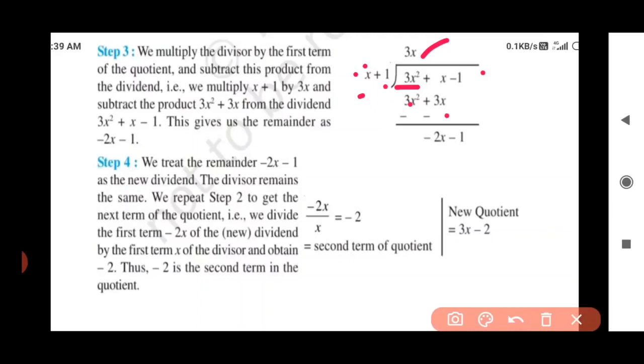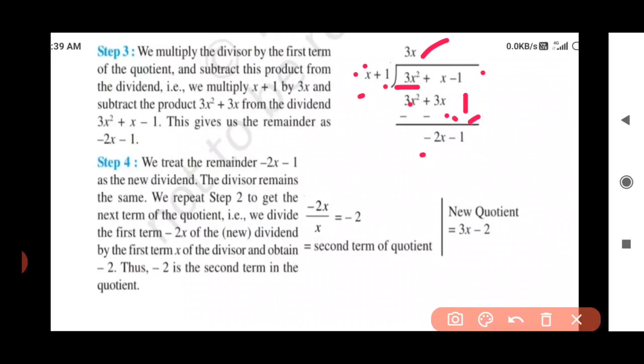So now we are going to subtract them. 3x squared minus 3x squared, 0. x minus 3x, so minus 2x. So the remaining term is minus 1.